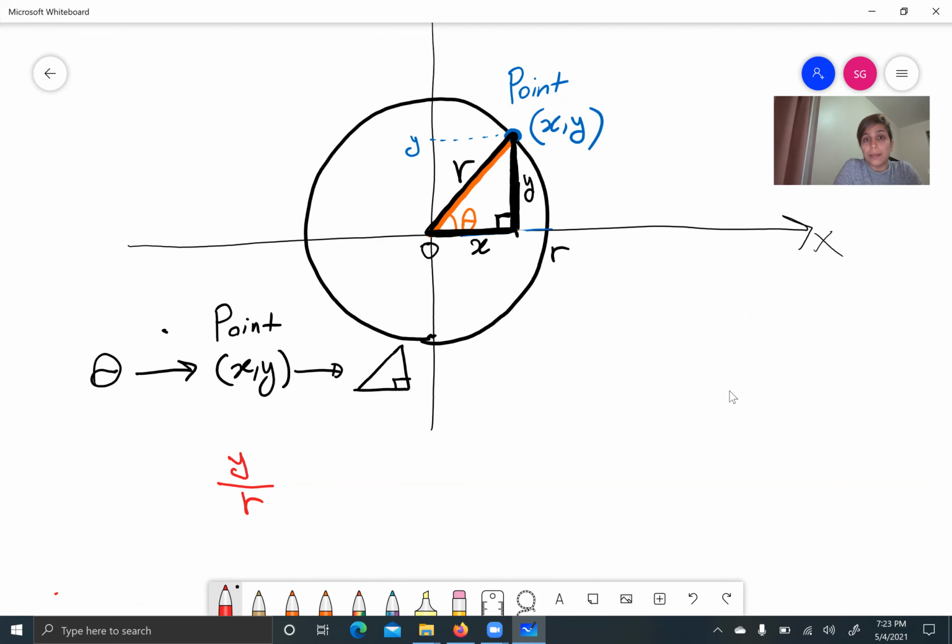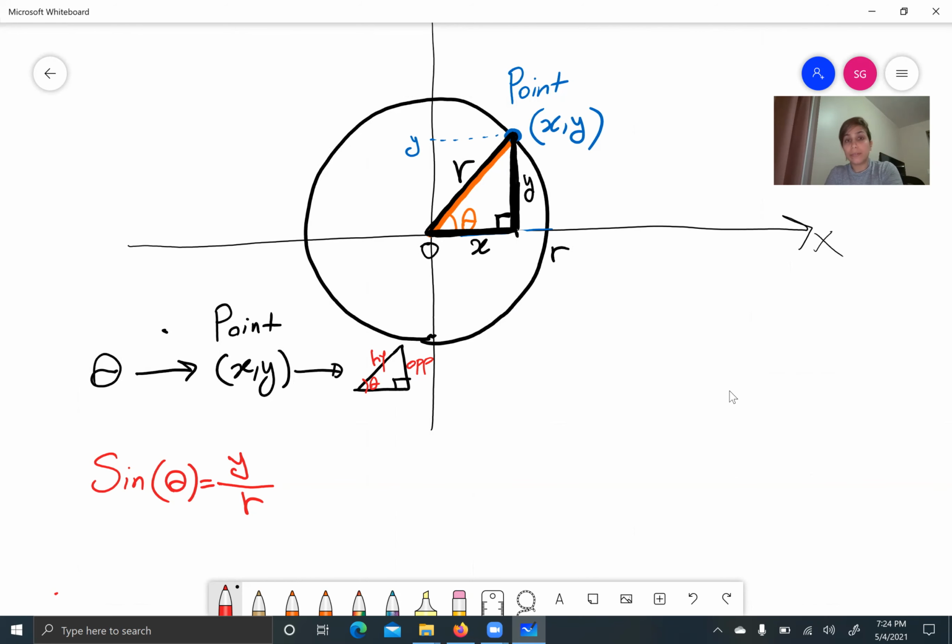When you have the values of this right triangle, you can calculate the ratio of the y value, which is going to be the opposite side if this is theta, and r, which is the hypotenuse. When you calculate that ratio, we name it the sine function, and we say sine of angle theta is equal to this ratio.